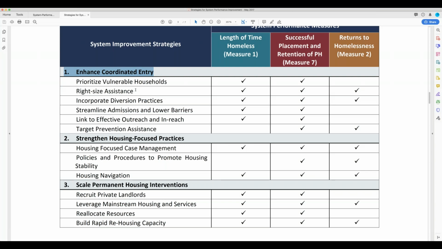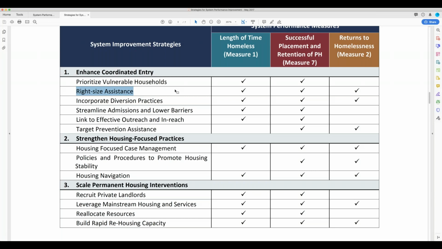And are we really prioritizing the people for whom just housing one person is going to reduce the average length of homelessness in our community because they've been homeless for a decade? That's a huge impact. Are we right-sizing assistance? Are we giving permanent supportive housing just to the folks who are only going to be housed if we give them permanent supportive housing?